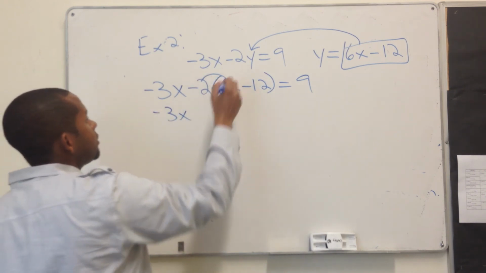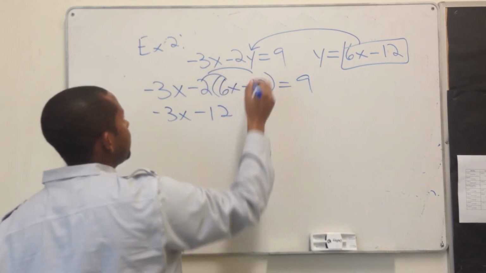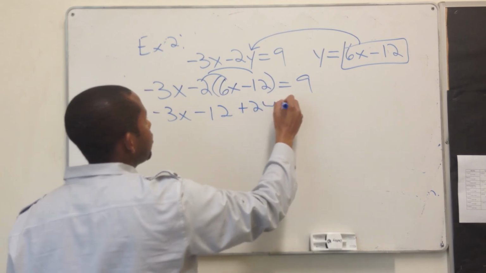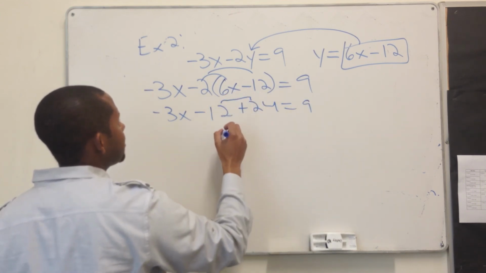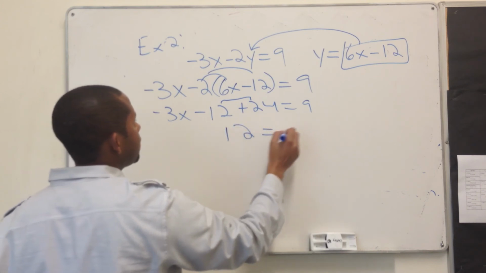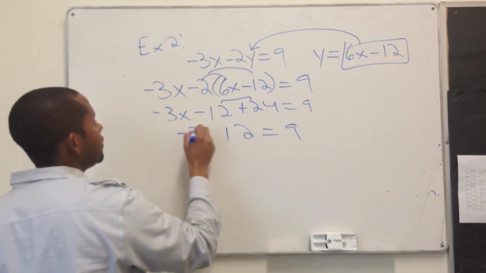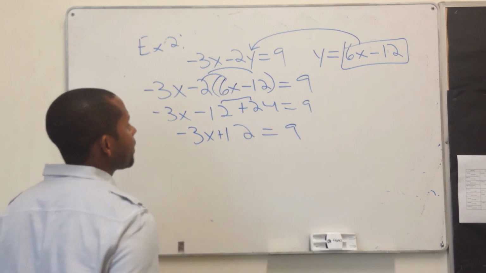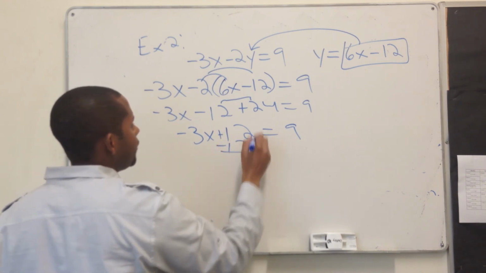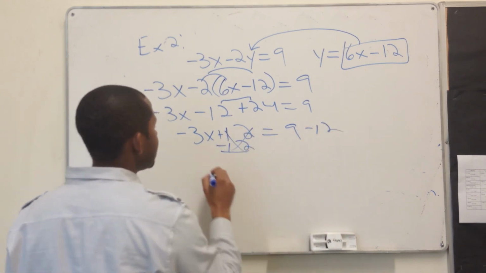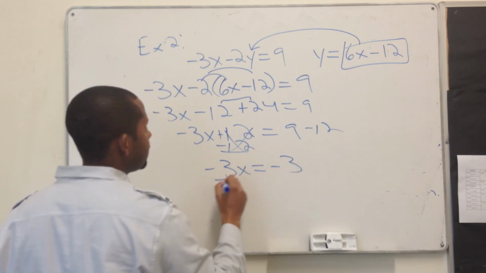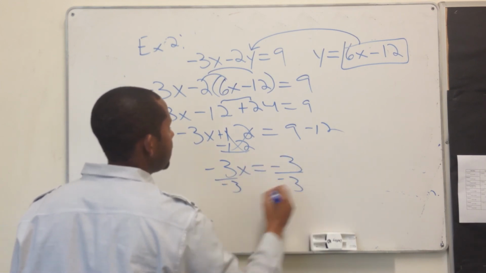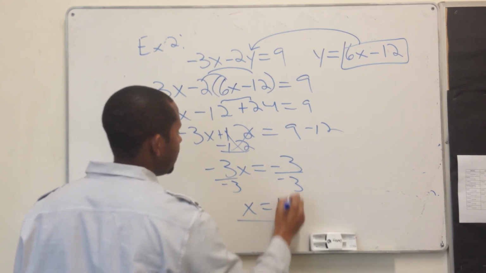Negative 3x equals minus 12 plus 24. My like terms are right here, so this just becomes 12. Subtract 12 on both sides: negative 3x equals negative 3. X equals 1.